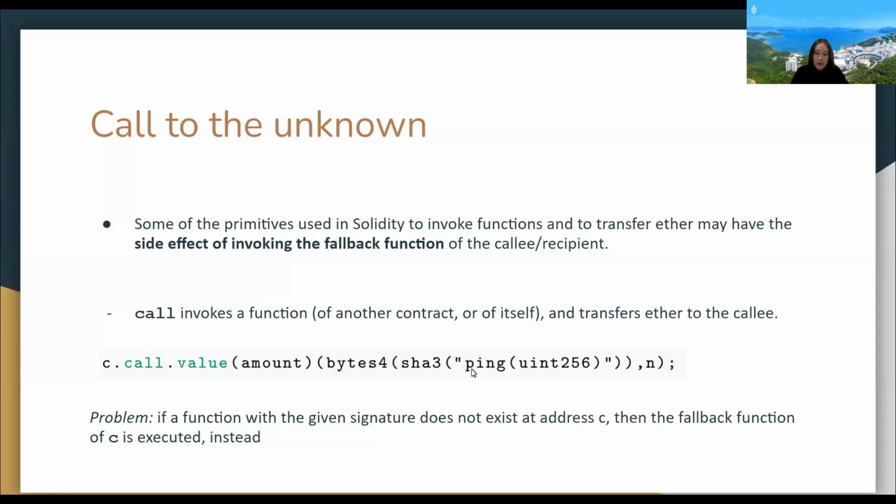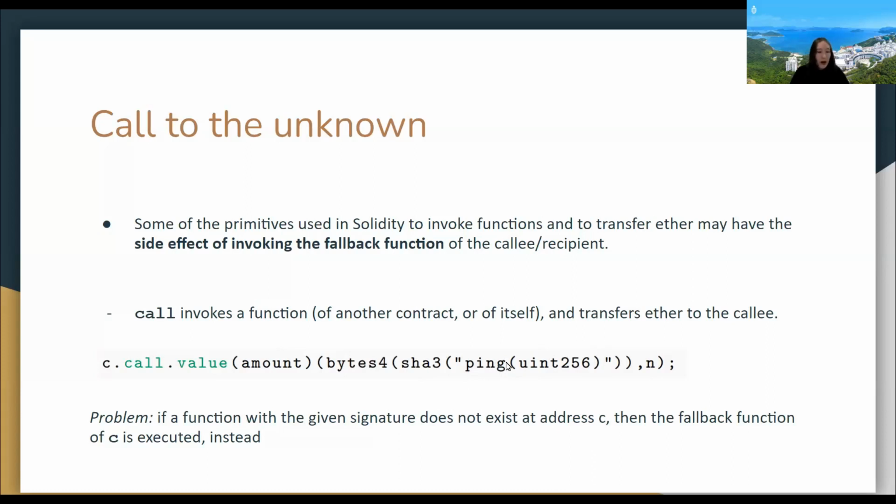In this case, the function we are calling is ping, and it accepts an argument of type uint256. It takes the hash of that function and takes the first 4 bytes. So when we use call, we specify the first 4 bytes of the hash of the function, and n is the actual parameter that we are passing to the function.